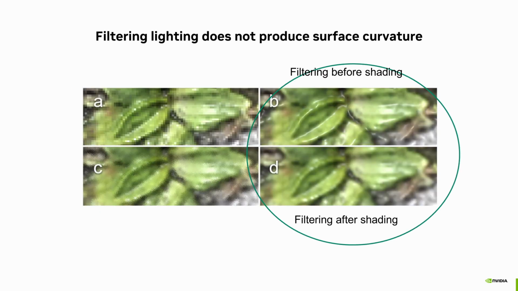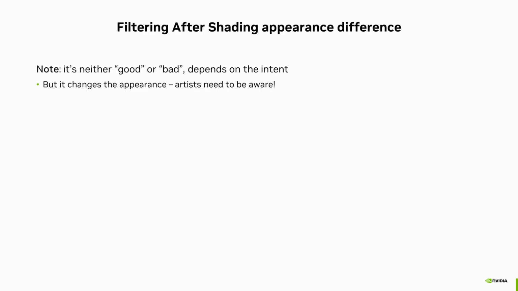In this specific example, I think filtering after shading looks better, but this is very subjective, and it obviously depends on the artist's intent. It's neither good nor bad by itself, but it changes the appearance, and thus artists must be aware of this behavior.